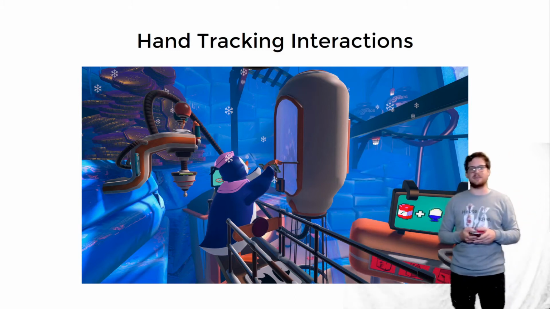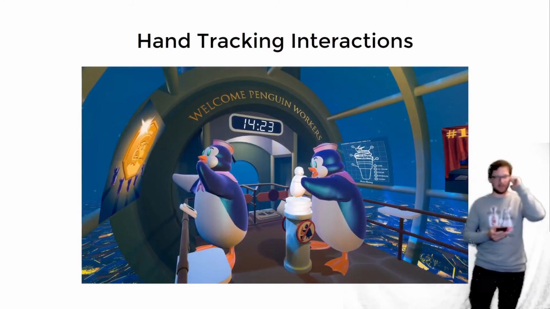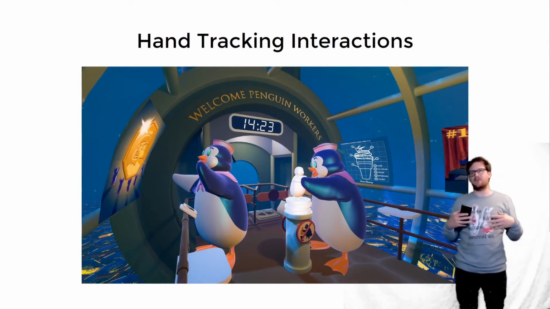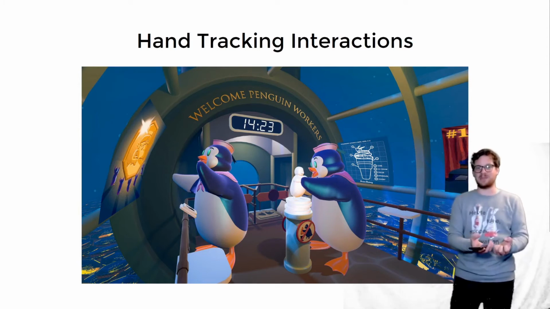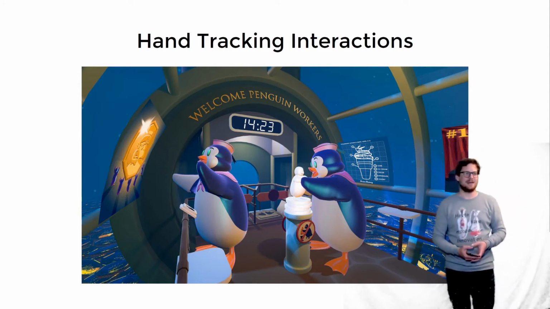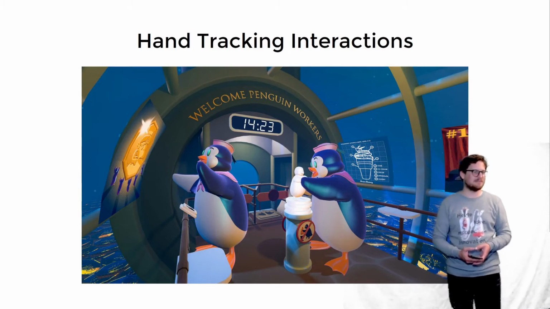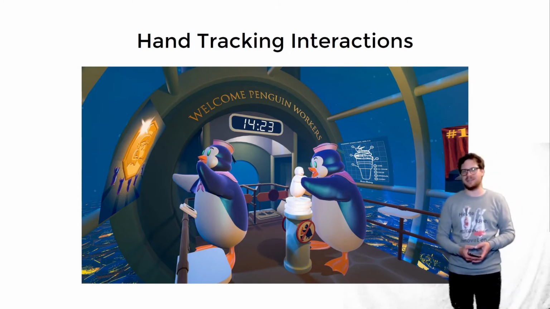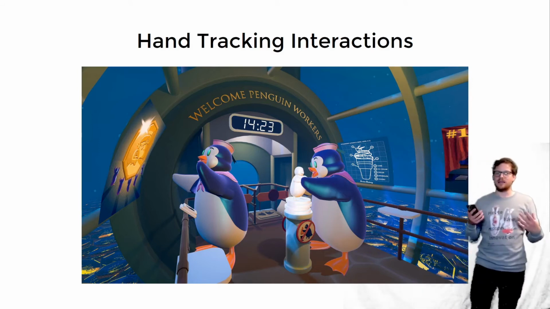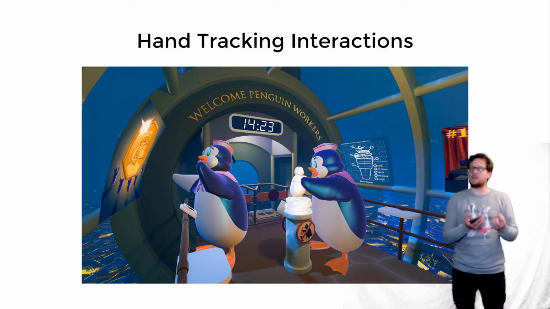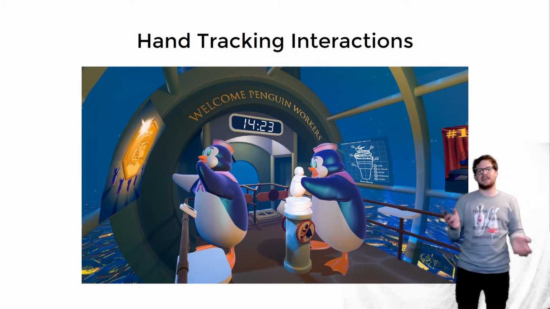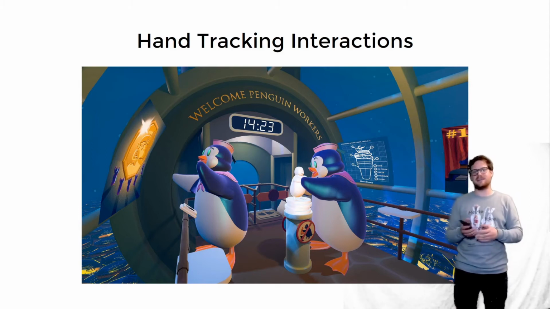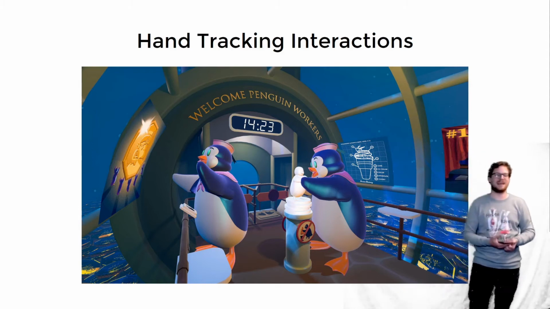It took us some time until we got there, because in the beginning we also tried to implement grabbing. We thought, okay, players could grab objects with their hands, but we found out after some time that it does not work. It just didn't work. Maybe we experimented with, okay, if you put your hands there, it could just glue to your hands, but how do you throw it again, and how do you remove it again from your hand?